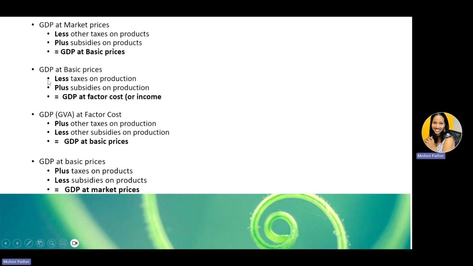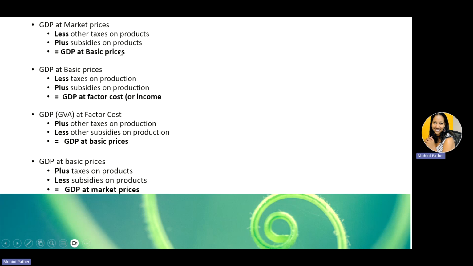Now, like I said, there are three different ways to calculate our GDP, but you might not always get the same values to work with. So you need to be able to say if you are given GDP at market prices, what needs to be removed or added in order to calculate GDP at basic prices.